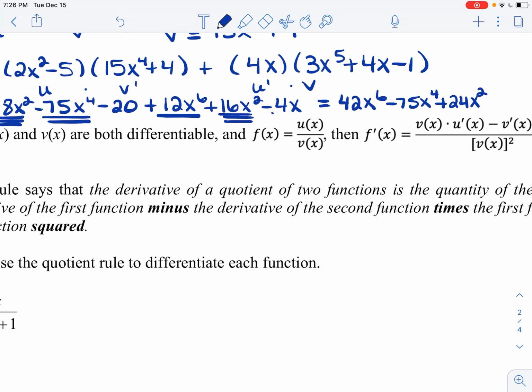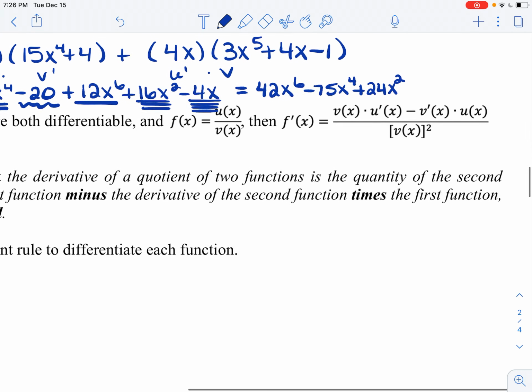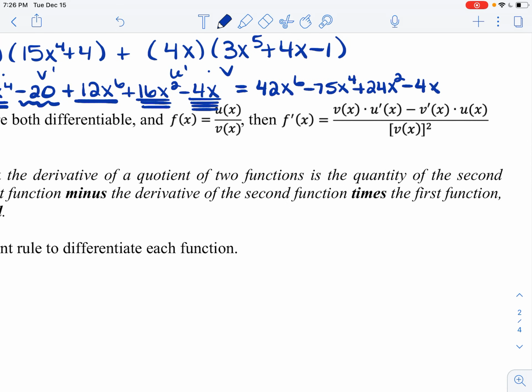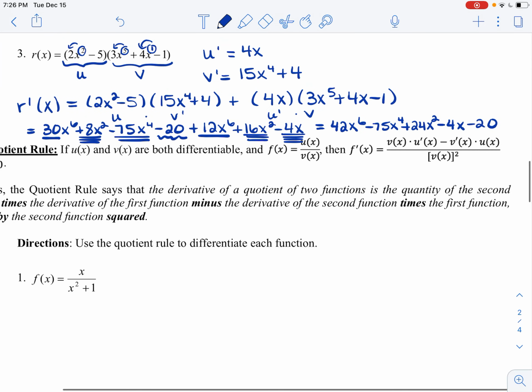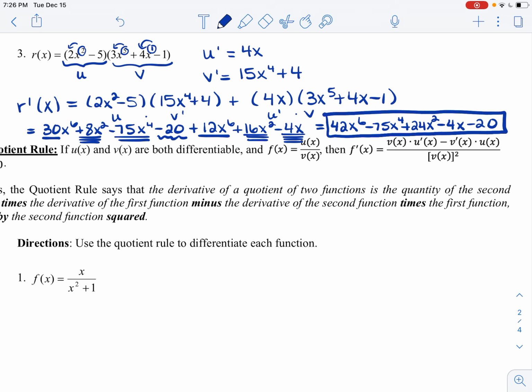And then one term with negative 4x and a constant of negative 20. So negative 4x minus 20. And now we should have the simplified derivative for this function that started out as r of x. So this is r prime of x using the product rule.